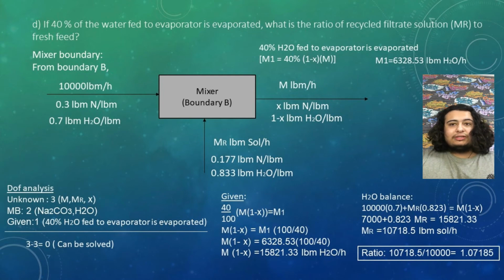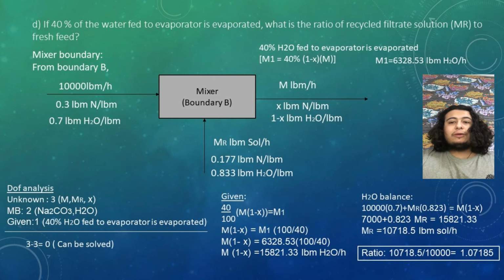The H2O balance is 10,000 multiplied by 0.7 plus MR multiplied by 0.823 equals m multiplied by 1 minus x. So 7,000 plus 0.823 MR equals 15,821.33, so MR equals 10,718.5 lbm per hour.